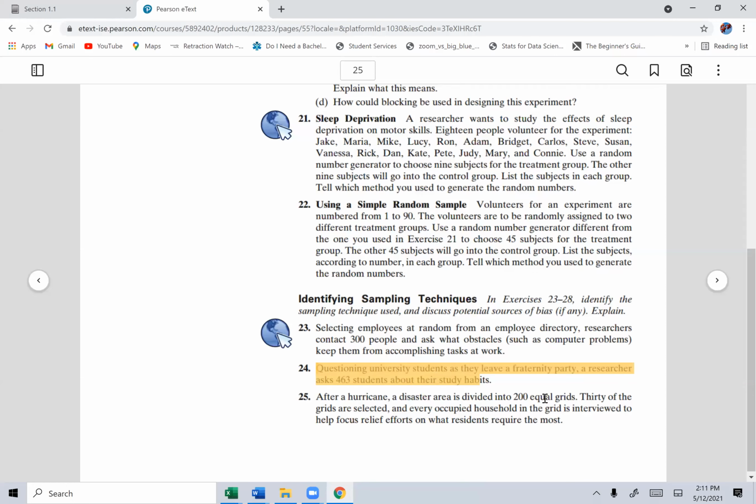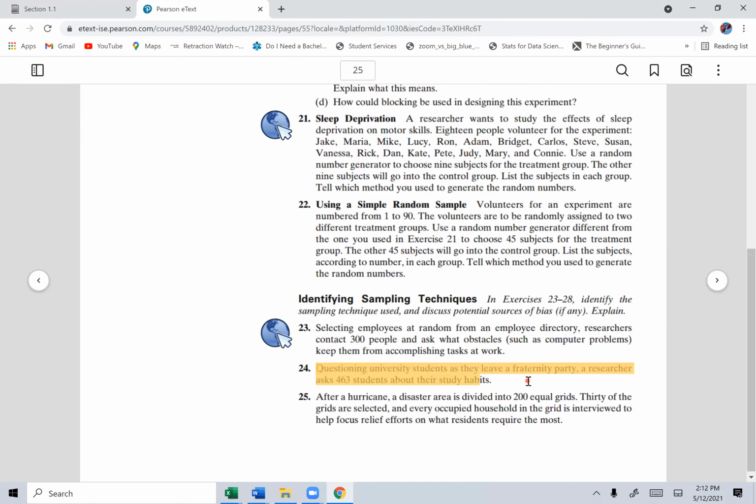Okay, what about 24? Questioning university students as they leave a fraternity party. A researcher asked 463 students about their study habits. They're leaving a party, remember, guys. Convenience. Yeah, I agree.